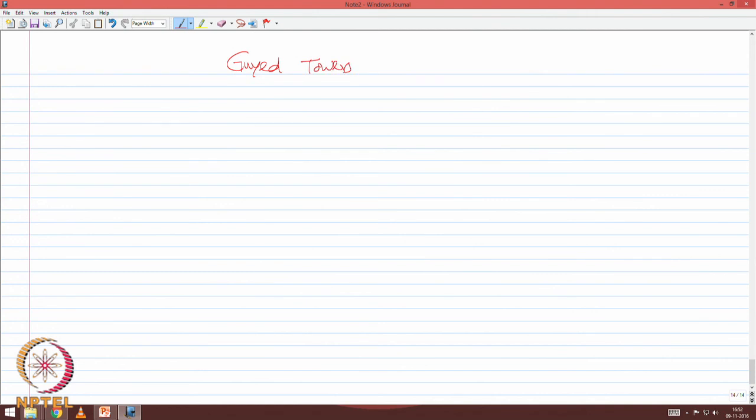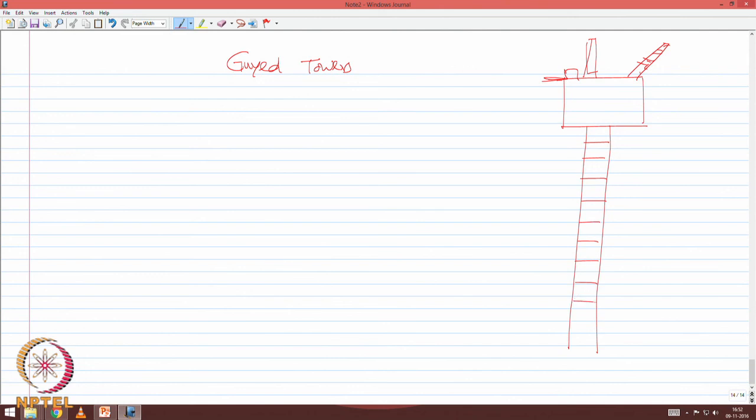A typical guide tower has a topside detail, which will be supported by a lattice tower, which is actually a steel tower which rests on the seabed using a spud can arrangement.